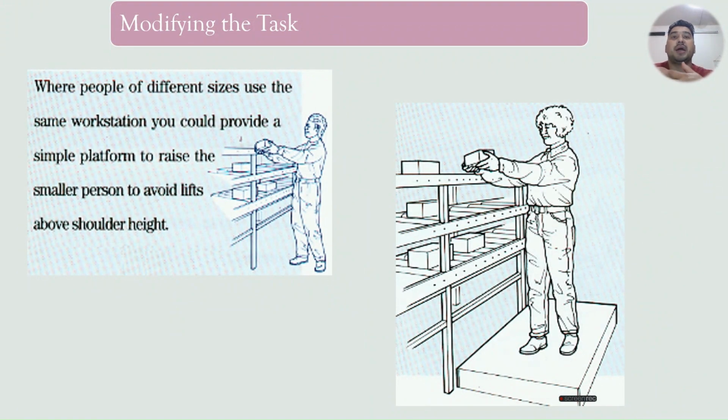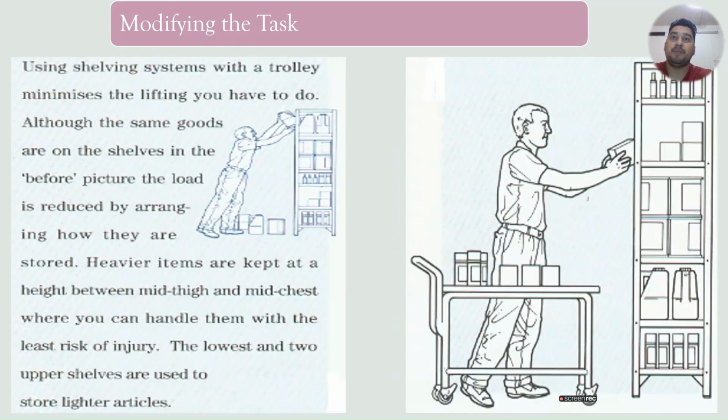Maybe you have people who are taller and shorter, but the same task needs to be done by people of different heights. So you have to make a platform, or put some stool, or some other platform, to make sure that smaller people can also do that work easily, and it should not cause any health or safety issues to them whenever they are doing any task related to manual handling.